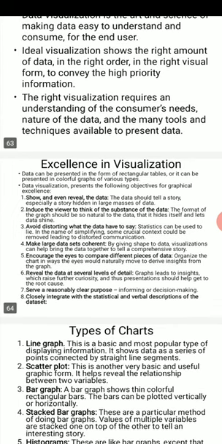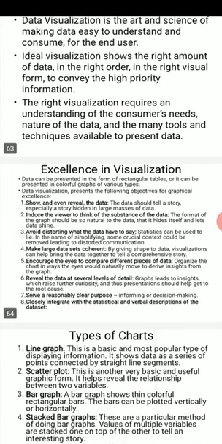Coming to the first, show and reveal the data. It should tell a story, especially a story hidden in large masses of data. That is, it should be clearly explanatory. Once you show the data, it should be understood by the end user, and induce the viewer.